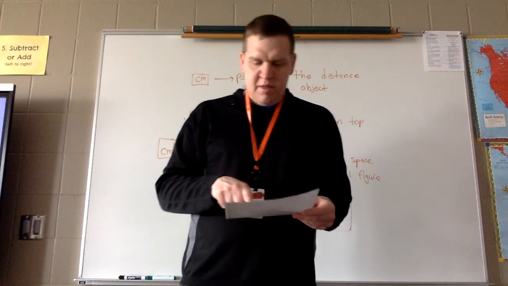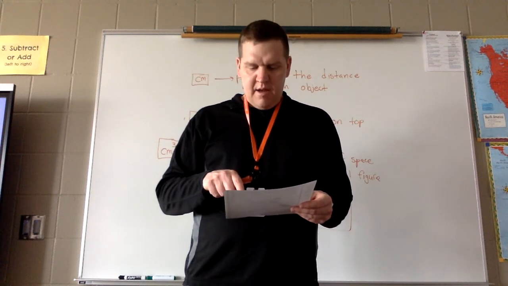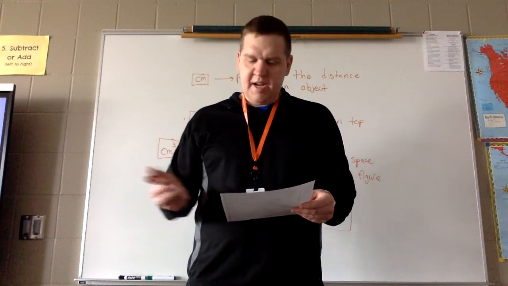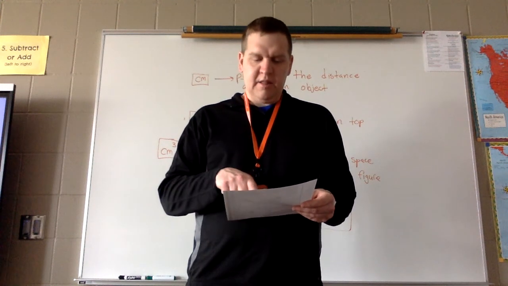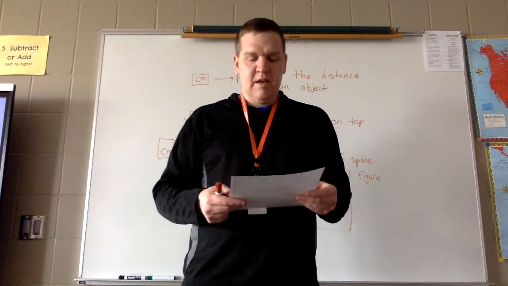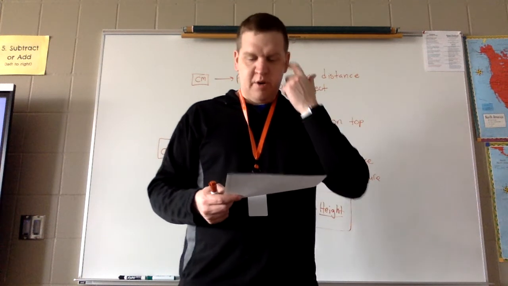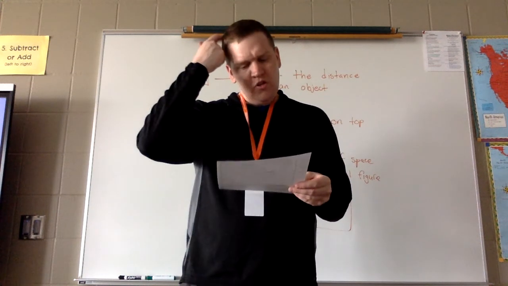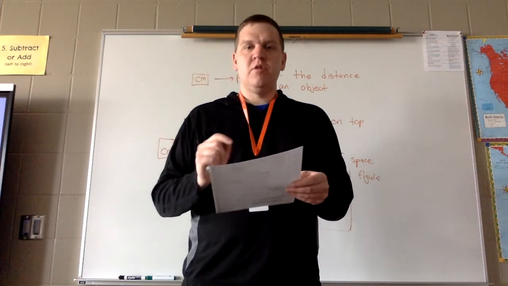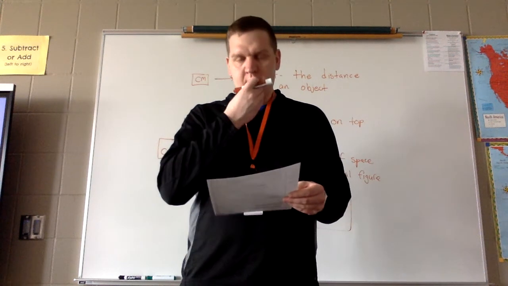It says it has a width of 12, a length of 10, and a height of 6. Or I guess technically it says a length of 12, a width of 10, and a height of 6. But remember, when we multiply, order doesn't matter if that's the only operation, right? So if you think you know how to do this, just pause this video right now. Go ahead and try it.